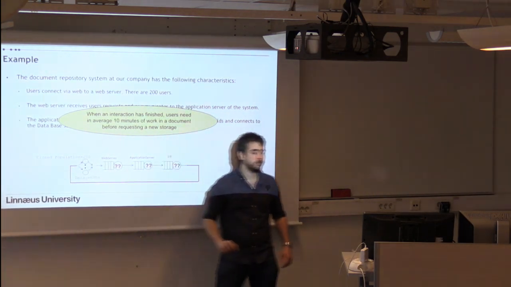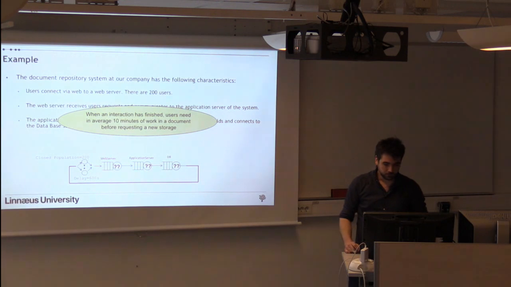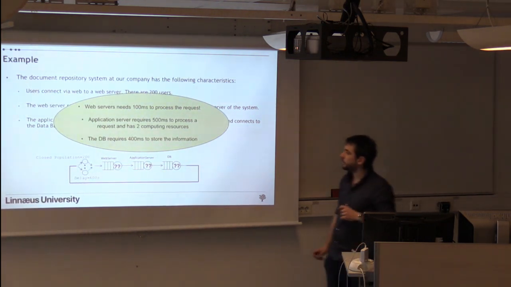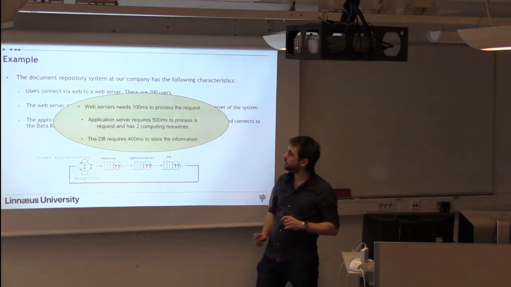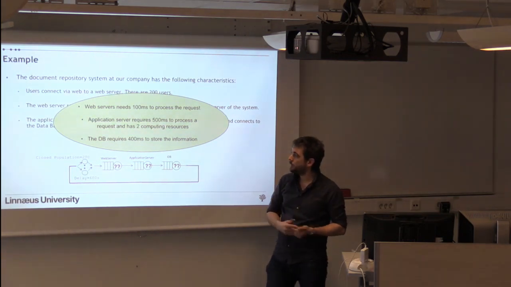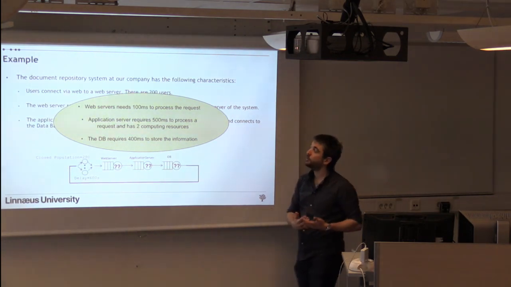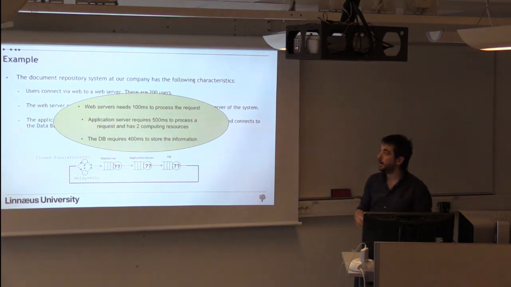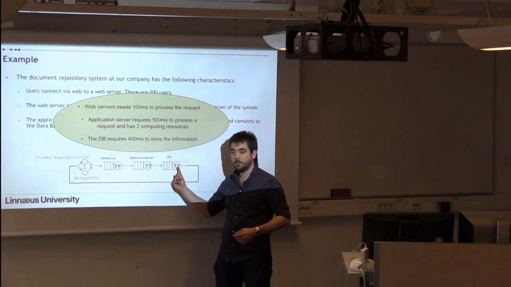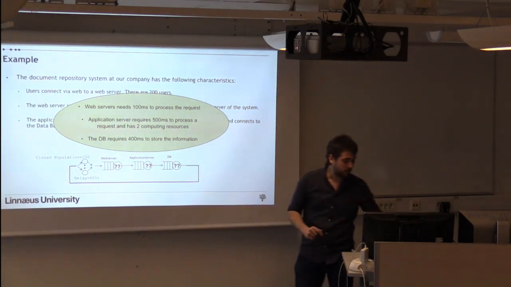If we also have the information that says web servers need 100 milliseconds to process a request, the application server requires half a second to process a request and has 2 computing resources, and the database requires 400 milliseconds to store the information, then we can fix the information here about the service time.